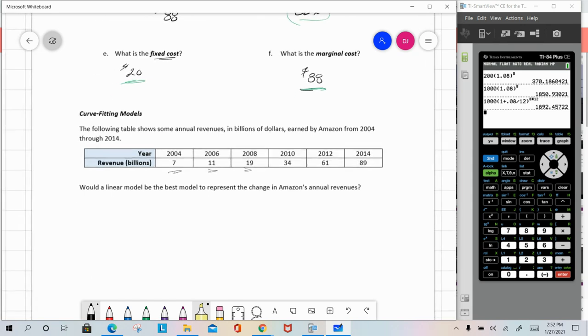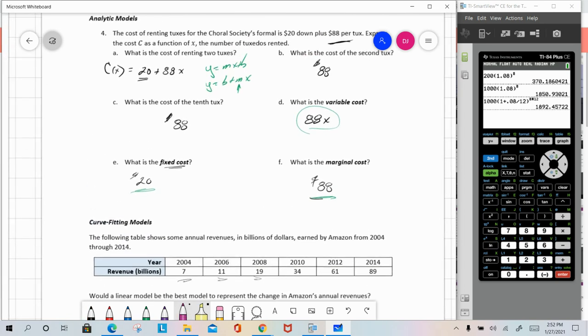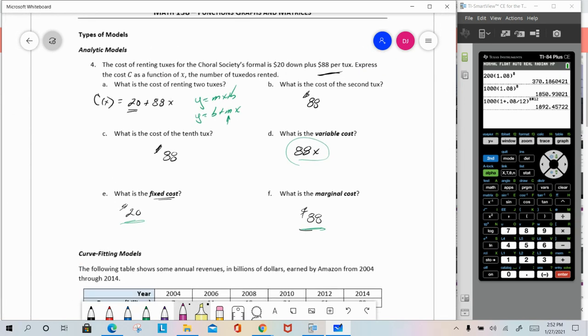And the question here is, would a linear model be best to represent the change in Amazon's annual revenue? And the answer is no. It would not be. Well, why not? What is it about a linear model that's different from any other model? And I'm going to look back to number 4. You see this marginal cost? It's $88 per tux.